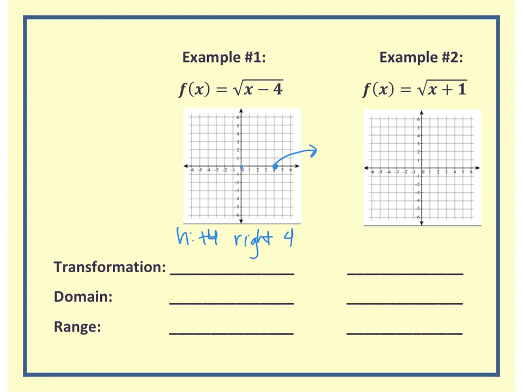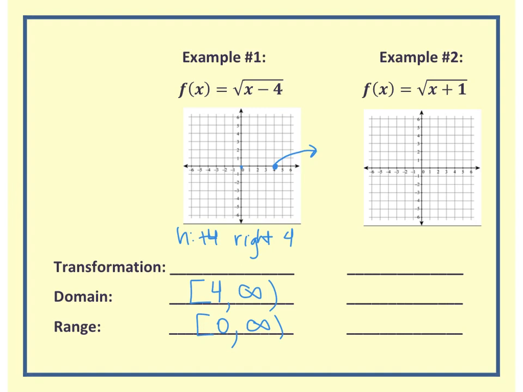What's my lowest x value? 4. None of these numbers are part of this graph. The graph starts at 4 because the graph moved to the right 4. How high is it going to go? Infinity. Range, what's my lowest y value? My lowest y value is 0. How high is it going to go? Infinity. So notice that the h value is going to affect your domain.